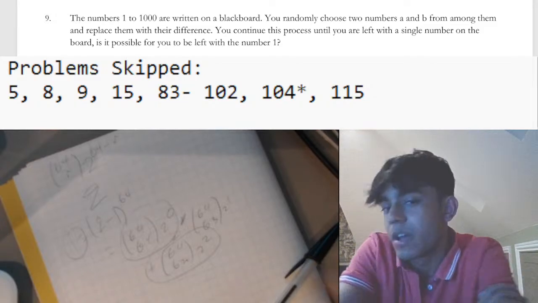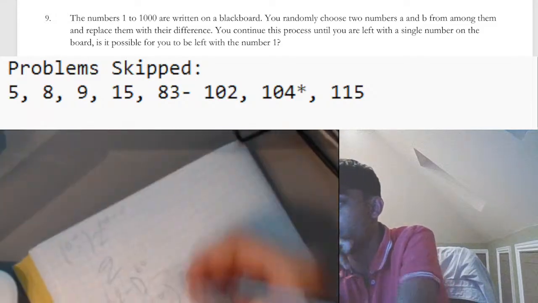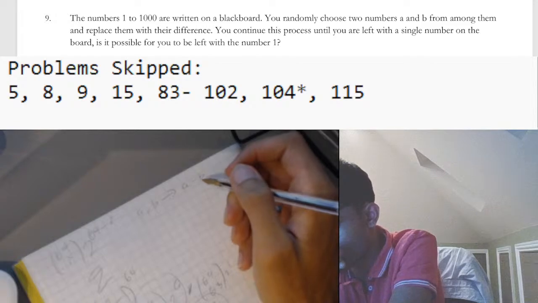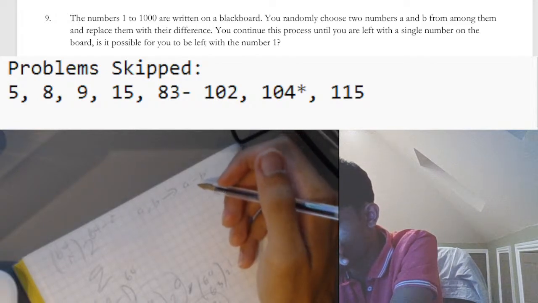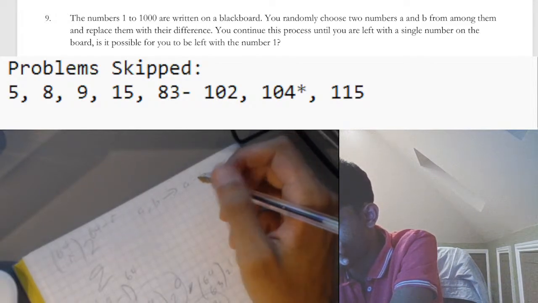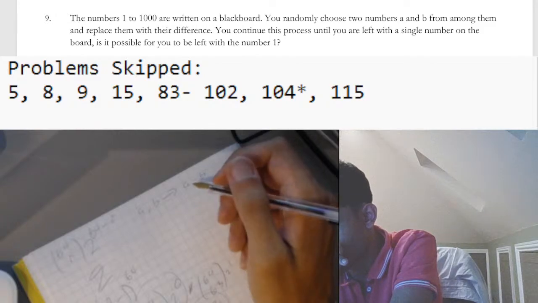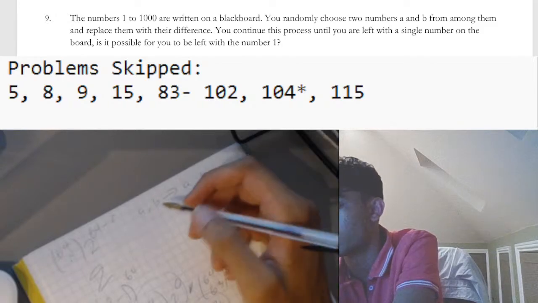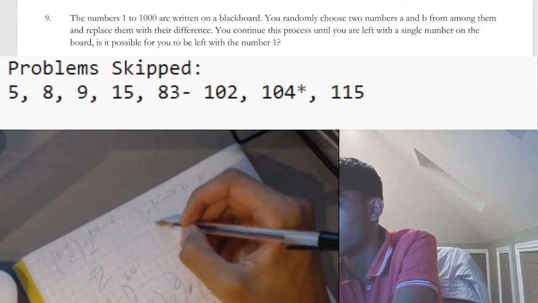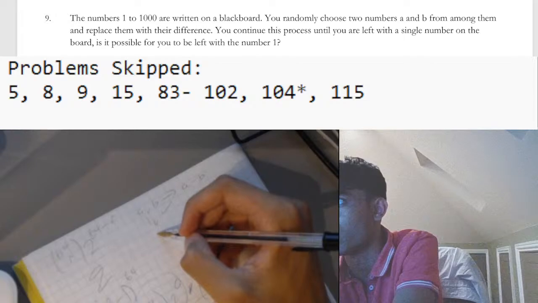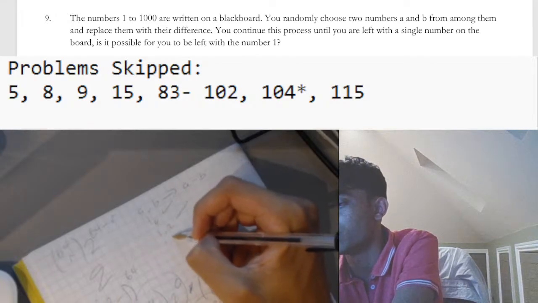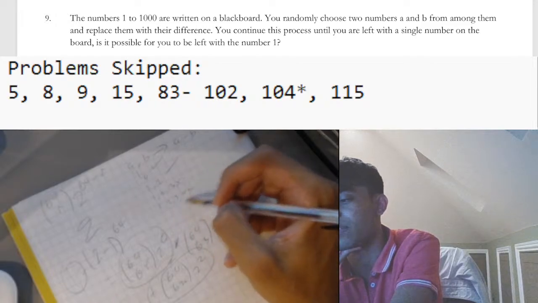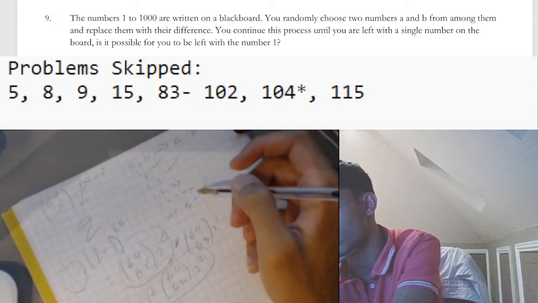Okay, so you start with A and B, and you go to A minus B. Okay, let's look at some small cases. So for 1 you can, for 1, 2 you can, for 1, 2, 3 I think we couldn't, for 1, 2, 3, 4 we couldn't I think, but for 5 you can.